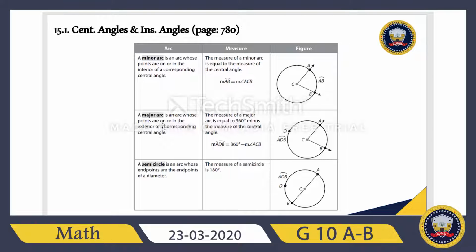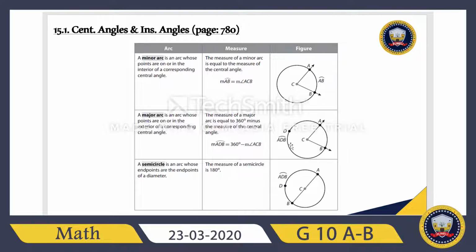The other type is the major arc. It's an arc whose points are on or in the exterior of the corresponding central angle. If I write ADB, look, what is ADB? This is A, this is D, this is B. This is the central angle, and this is my arc, ADB.